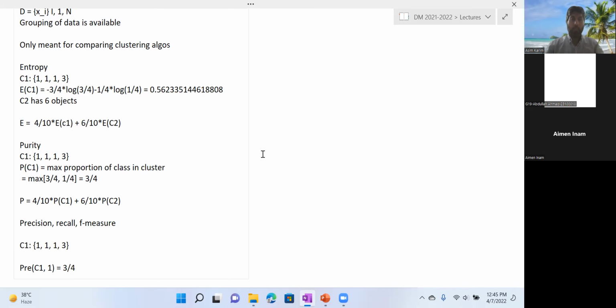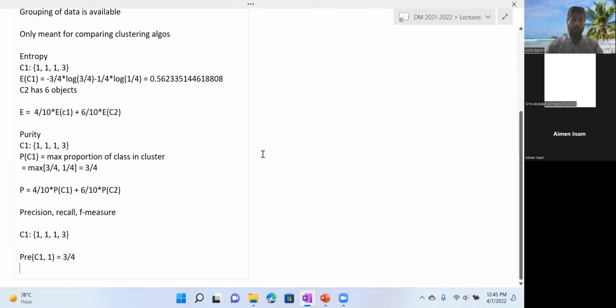So for class 1 you had 3, and the total objects in this cluster were 4. Similarly, let's say you had to compute the recall for C1 and class 1. The numerator is of course 3, but the denominator is the total number of objects belonging to class 1 in the data set.